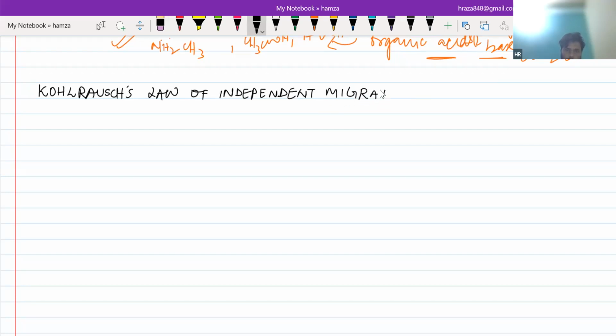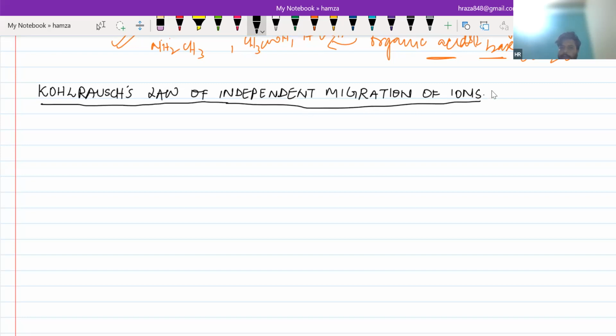Kohlrausch's law of independent migration of ions. So see, this is Kohlrausch's law of independent migration of ions.